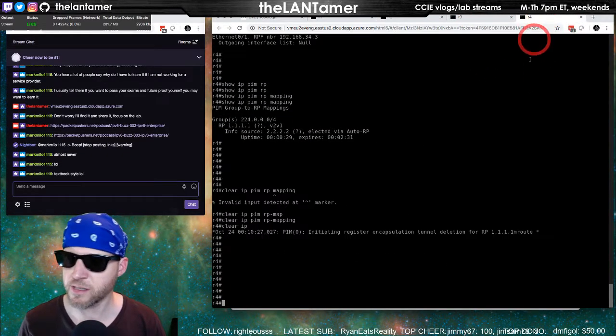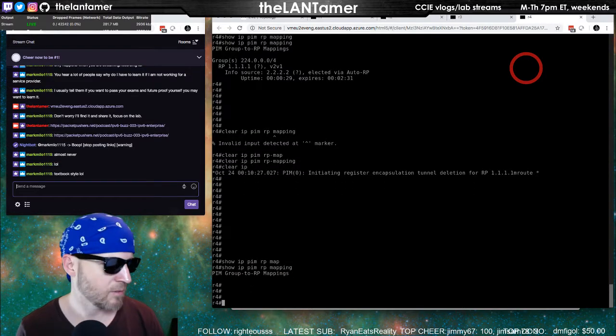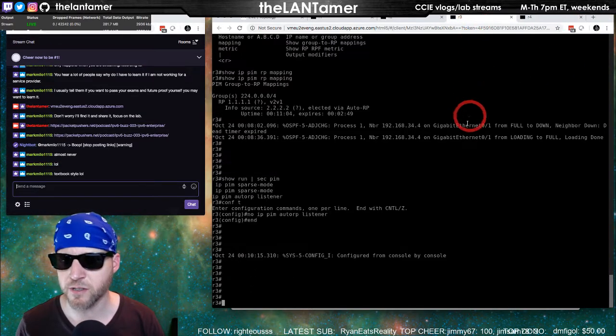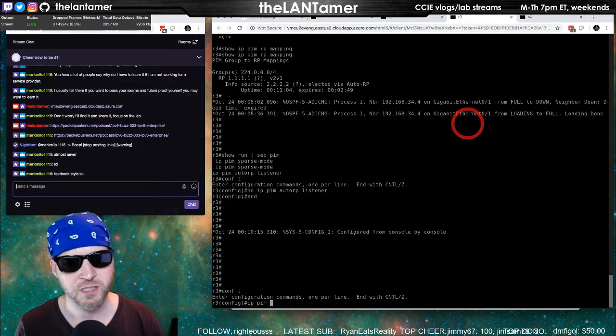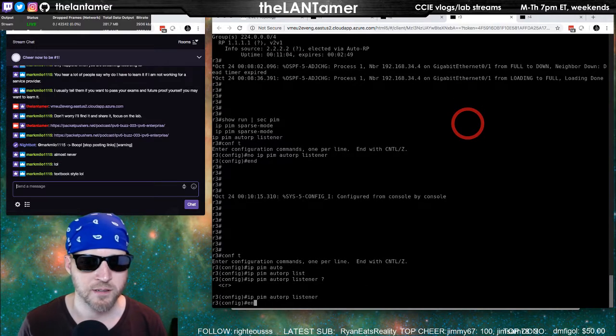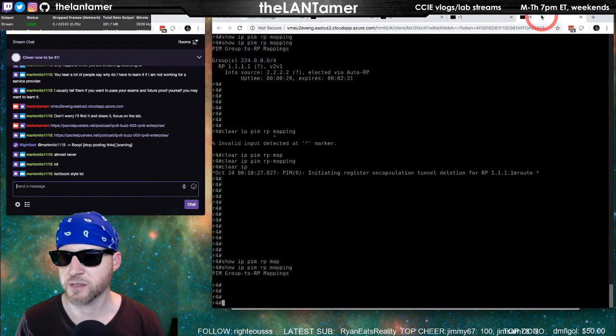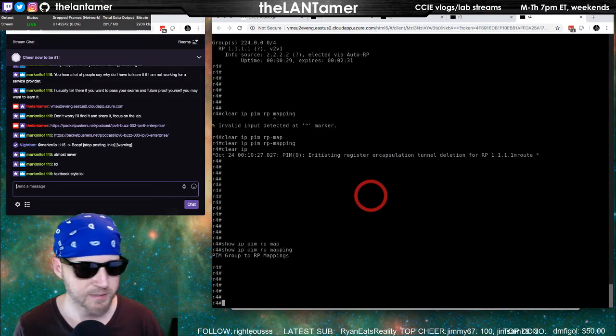That's what it was. All right, so all we have to do is turn it on here. IP PIM auto RP listener. It only has to be on the upstream router for R4 to get it. Okay, that's why.